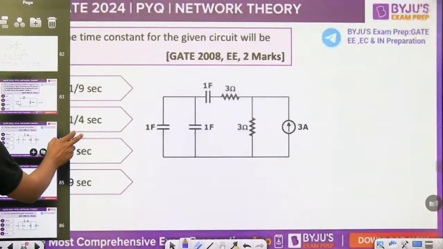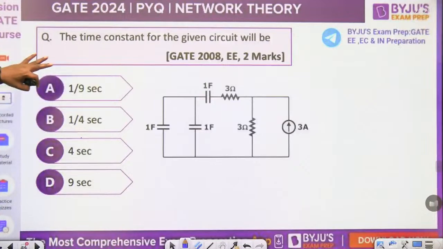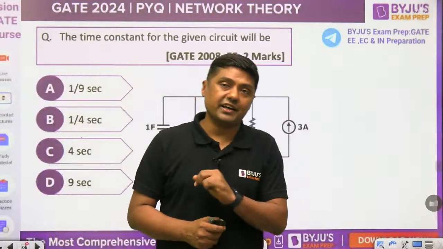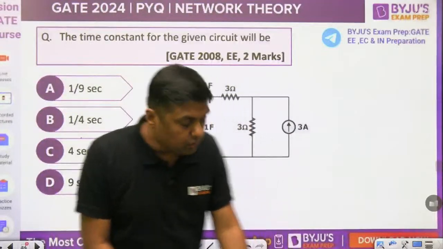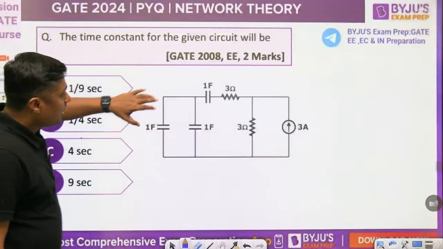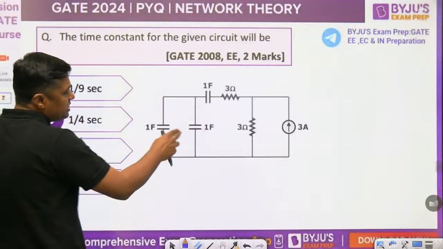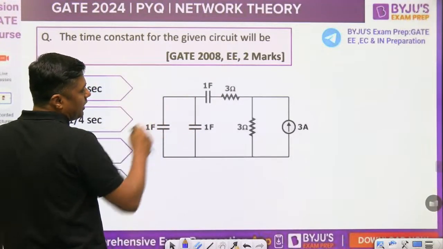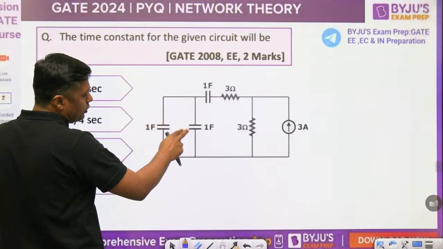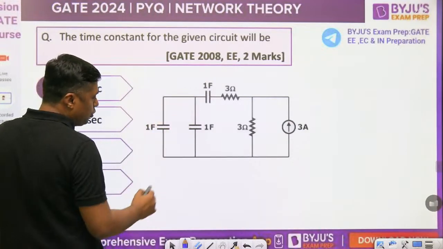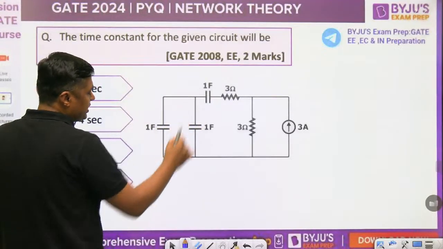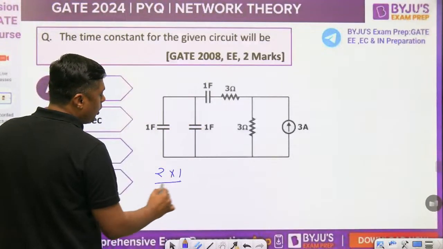Now watch this question. The time constant for the given circuit will be, again a 2 mark question in 2008 in the electrical branch. What will be the time constant? First of all, you can find the C equivalent: 1 farad in parallel and 1 farad in series. 2 and 1 are in series, so 2 into 1 upon 2 plus 1.